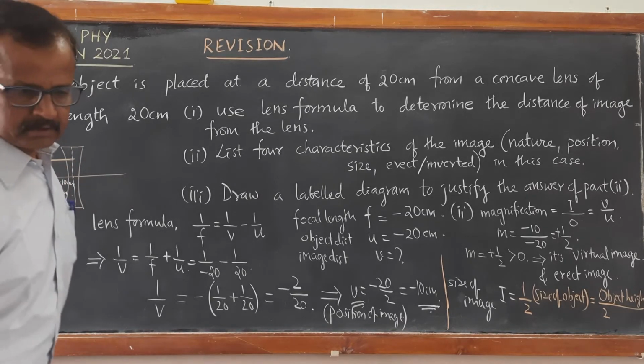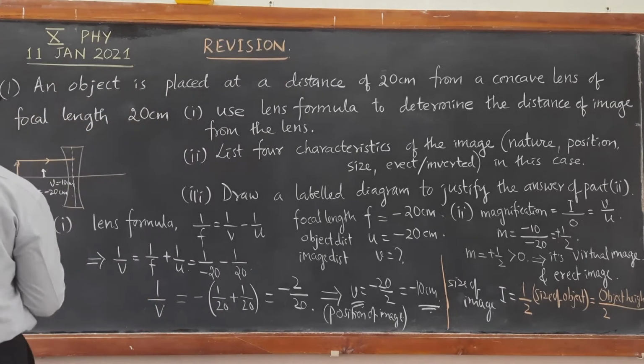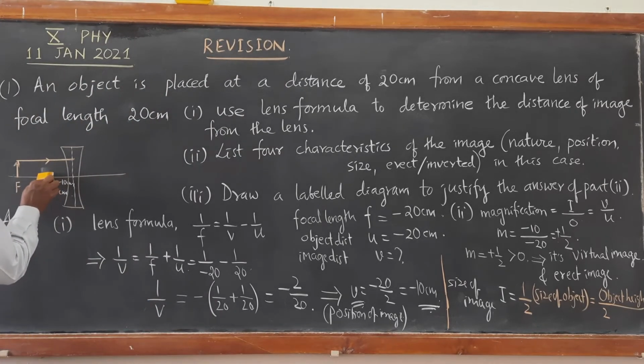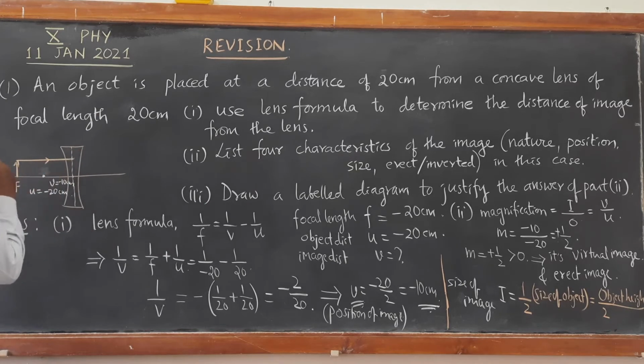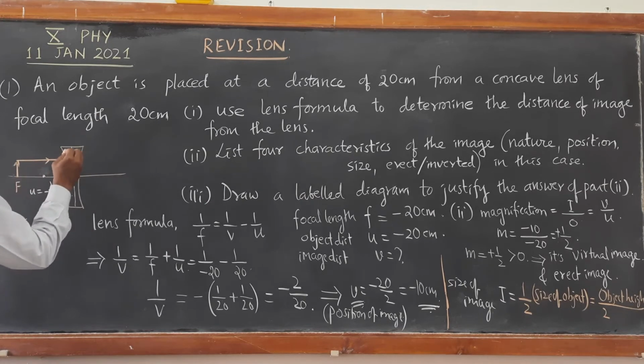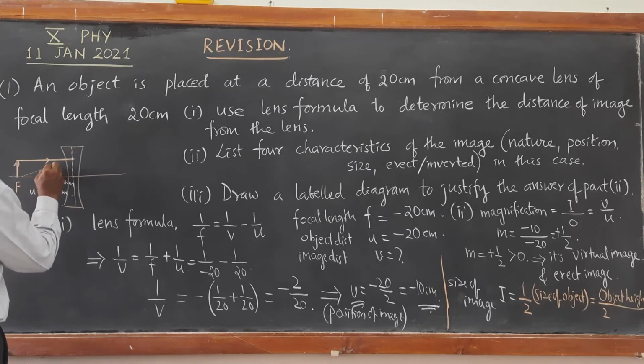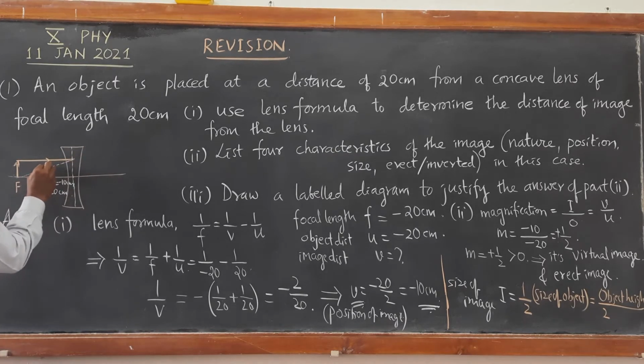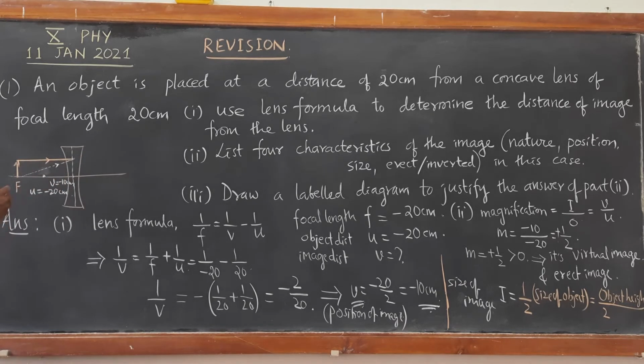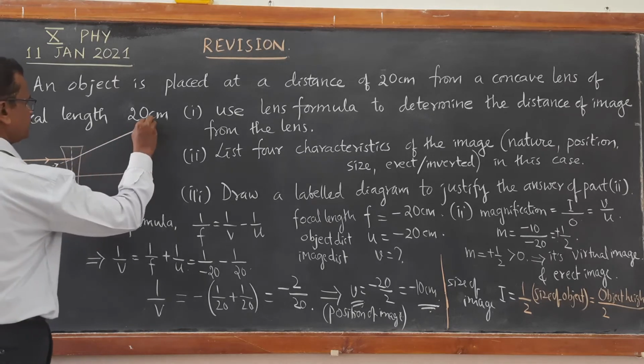After incident on the concave lens, it should get diverged. So after diverging, the diverged ray appears to have come from focus. Look at this. The diverged ray must have appeared to come from focus. So this is how it gets diverged.